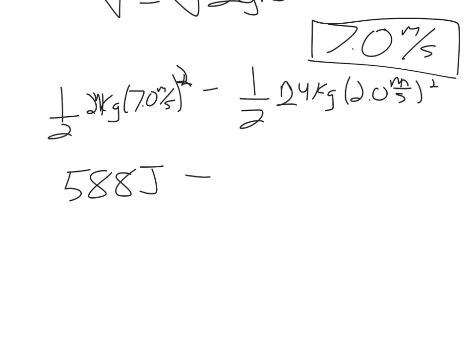Half and 24 times 2 squared. He only has 48. Ouch. So he lost a lot of energy to friction. And you can just subtract, 588 minus 48 is 540. So he lost 540 joules.